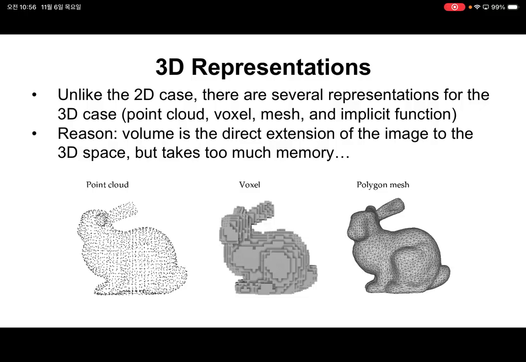As I said, volume is the direct extension of image. We can define R volume, G volume, B volume, and occupancy volume. Mathematically it is enough. We can fully define 3D space with four volumes, but in practice it takes too much memory, so using only volume is not very good. That is the primary reason why we introduce more than one representation in the 3D case, although we have only one representation in 2D.